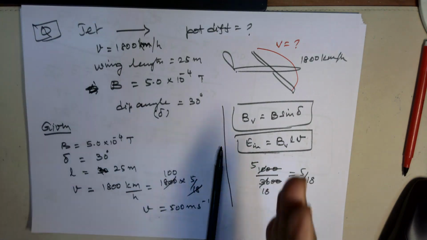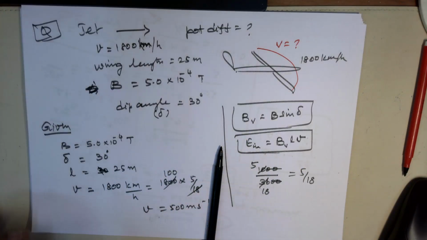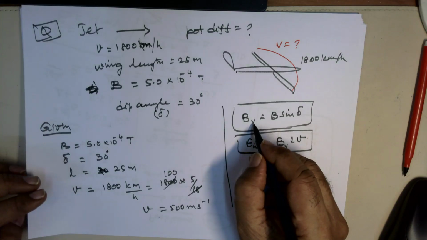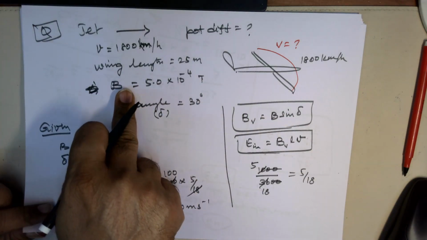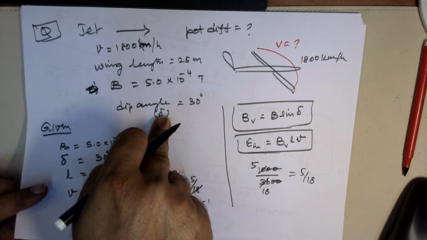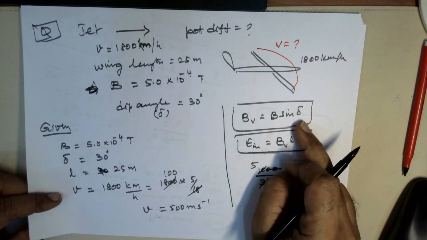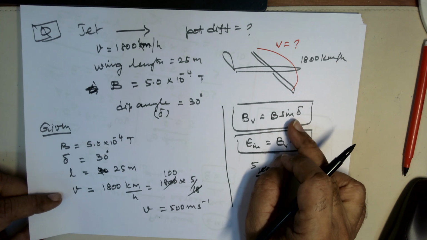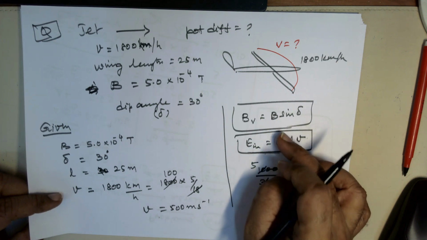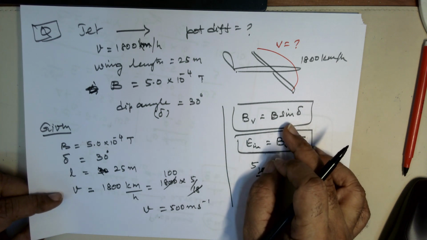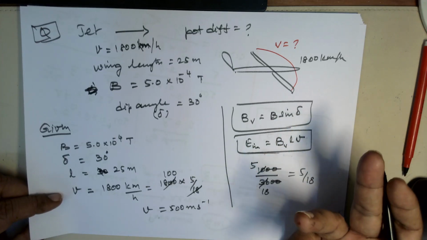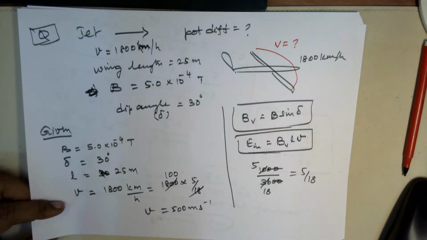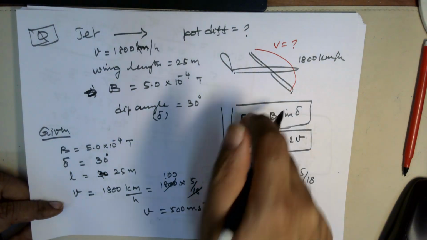So it has to cut the vertical component of the magnetic field, and you have to calculate that, which is BV. You cannot directly use this B, and that is why they have given this angle. We already discussed under magnetism that the sine of the dip angle is equal to BV by B. Do you remember? So BV is equal to B sine delta, and we can use this equation to find BV.